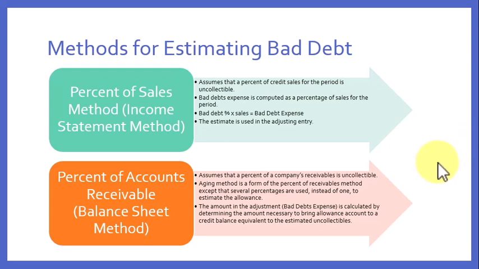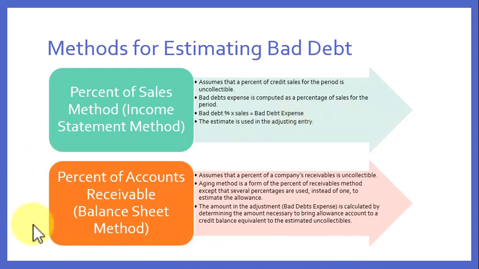The allowance account is a contra account to our accounts receivable account. Okay, so percentage of sales focuses on sales. It's often called the income statement method. We just come up with some percentage that we're going to estimate of sales. That's our bad debt amount. That's the amount that we record for the journal entry.